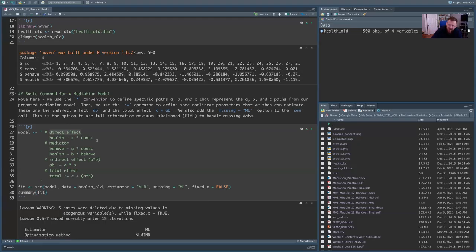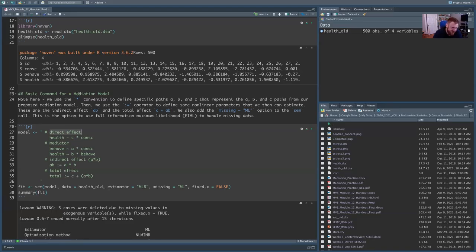And their health-related behaviors in turn impact their health. But there might also be a direct path just between being more conscientious and health, right? Not just necessarily through health-related behaviors. Sorry, no wonder I felt like I was talking backwards there.